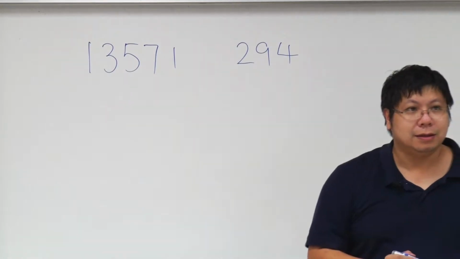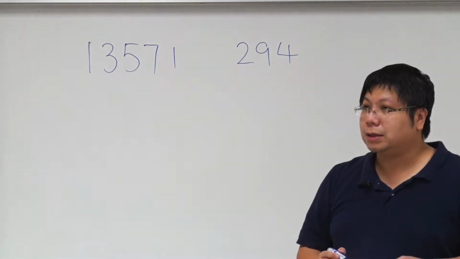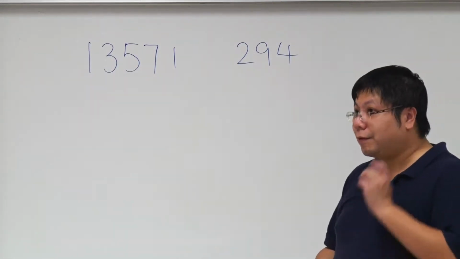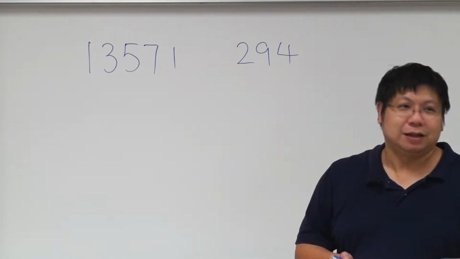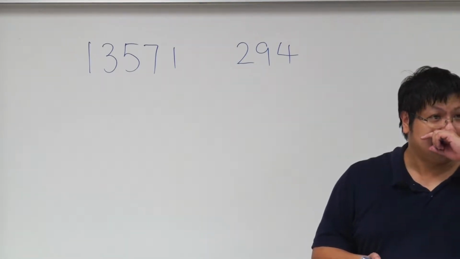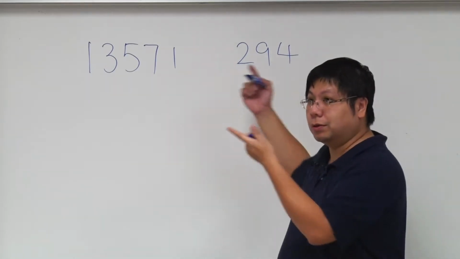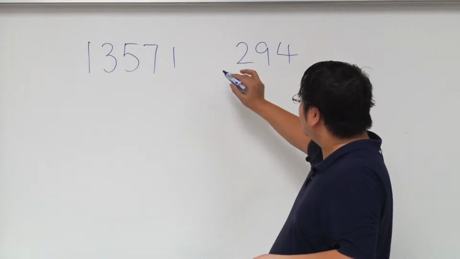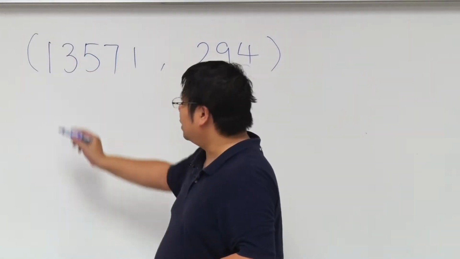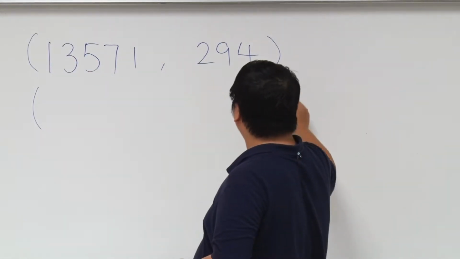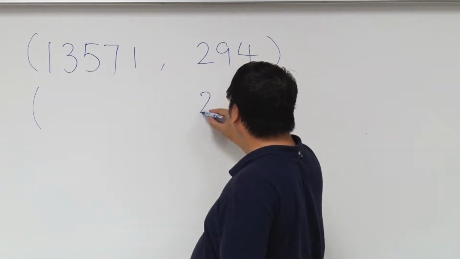And then let us try to find out the largest common factor, the greatest common divisor of them. So we don't know it, but we know that the greatest common divisor of these two is equal to the greatest common divisor of 294 and the remainder.